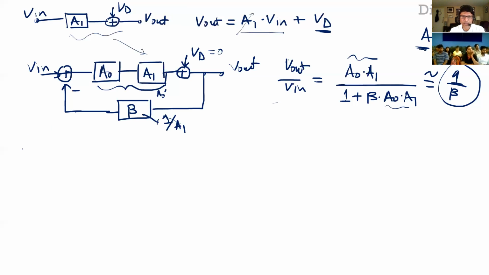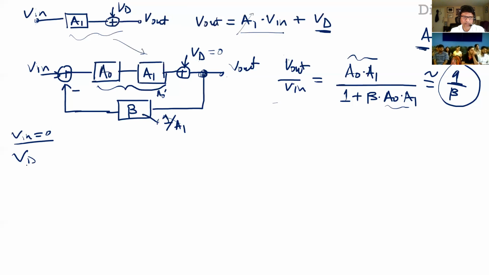Okay, now let's see what the transfer function of this VD is, how much of it comes out. Now before it was all coming out, right? Because if I make V in equal to 0, V out is equal to VD in this term over here. So everything was coming out. But with this feedback, now let's calculate how much of that distortion comes out. So I make V in equal to 0 now.